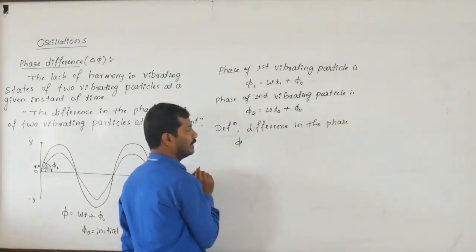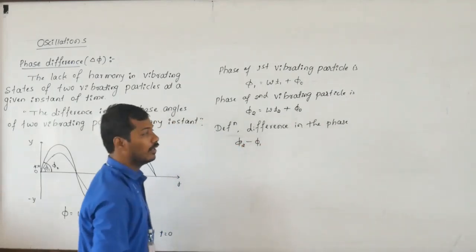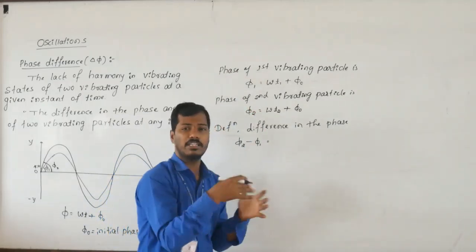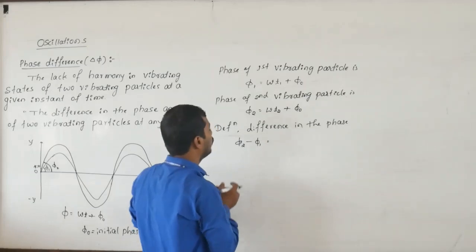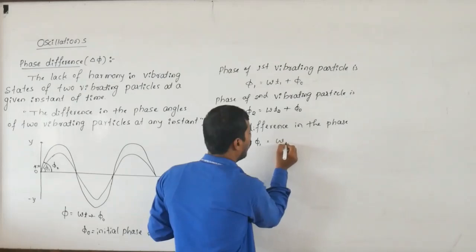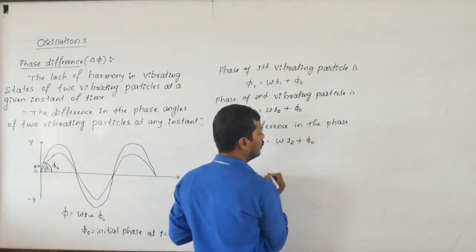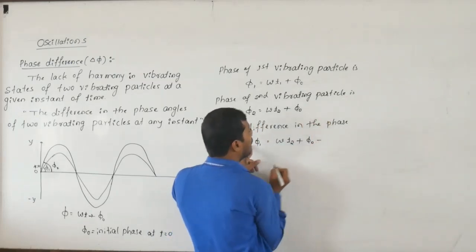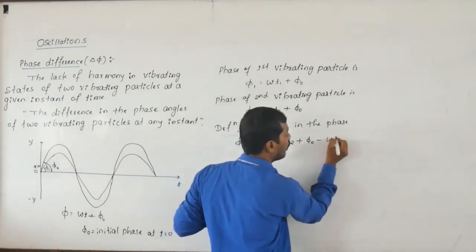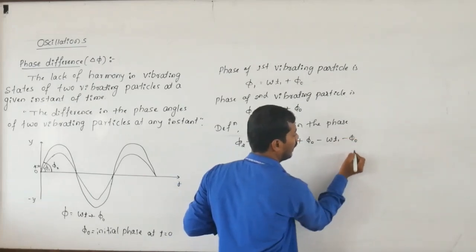is nothing but the phase difference, that is phi 2 minus phi 1. Take phi 2 minus phi 1, or phi 1 minus phi 2; it should be positive. Next, omega t2 plus phi naught, minus omega t1 minus phi naught.